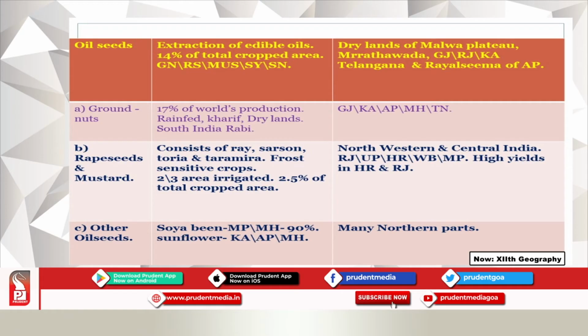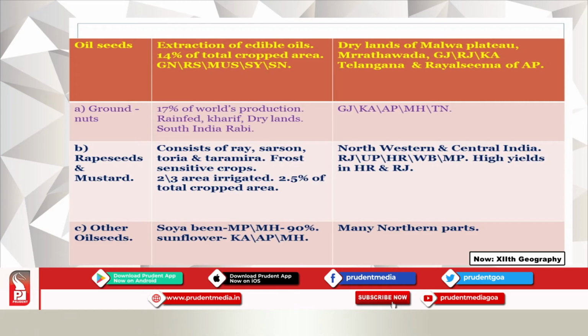They also consist of a variety of oil seeds like rai, sarson, toria, turmeric, and other minor oil seeds. It is a frost sensitive crop.